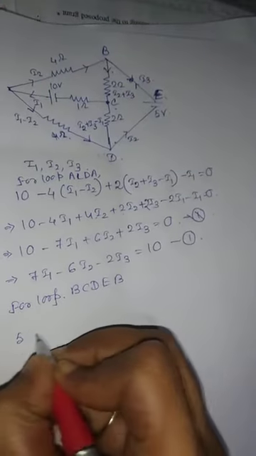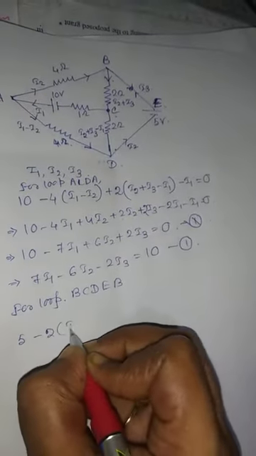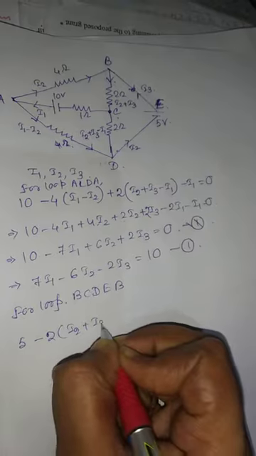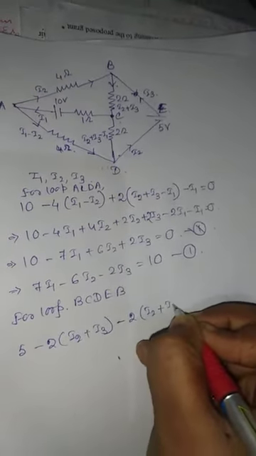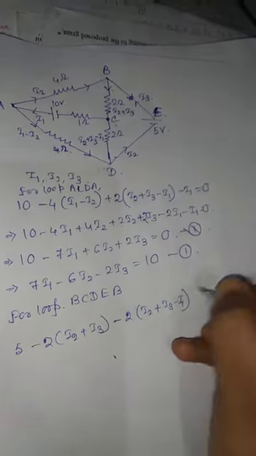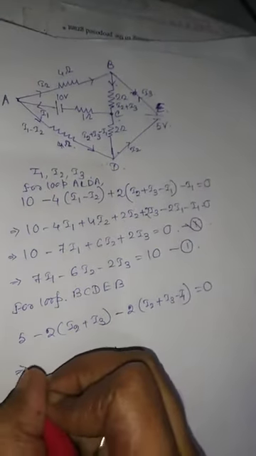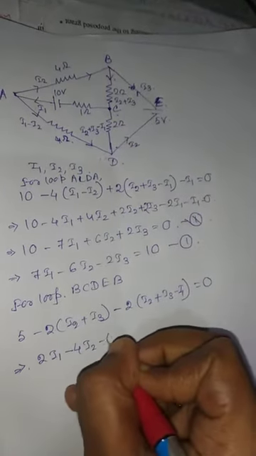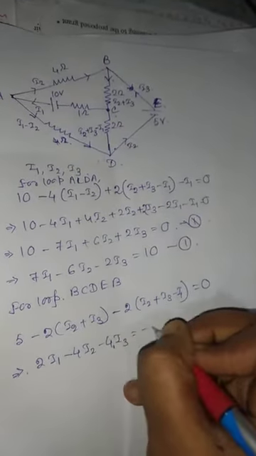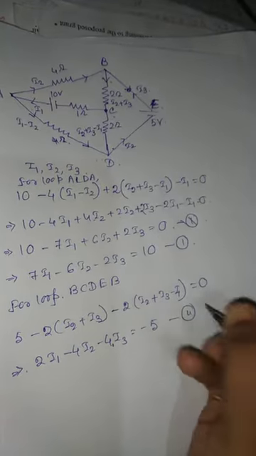So here 5 minus 2I2 plus I3, 2I2 plus I3 minus I1 equals 0. If you simplify it, you will get 2I1 minus 4I2 minus 4I3, that will be minus 5. This will be the second.